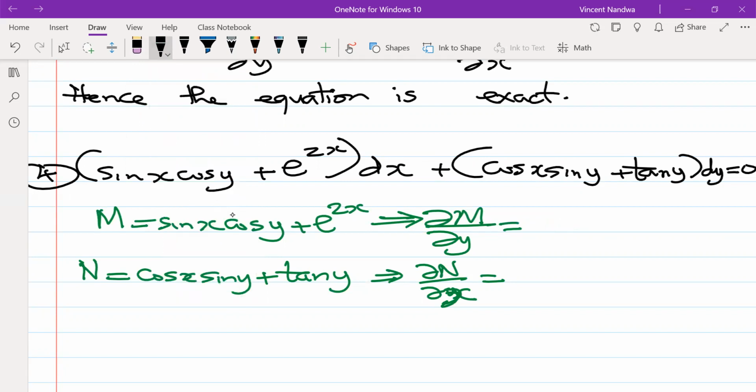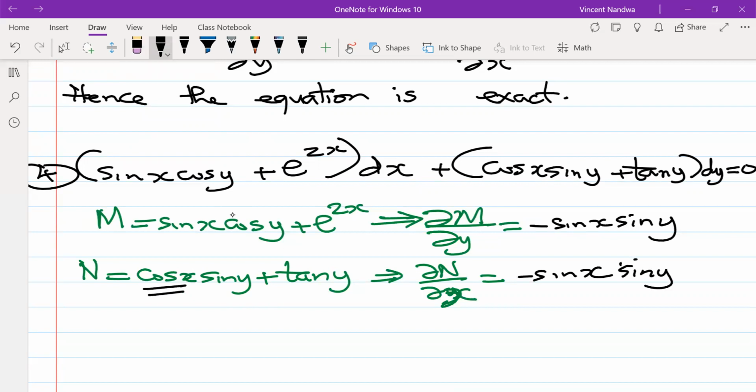In this term, sine x is a constant, so cosine of y, when you differentiate, you get negative sine of y times sine x. This doesn't have a y, so it will be 0. Partial N partial x: you differentiate this cos, you get negative sine, and then times this sine of y.